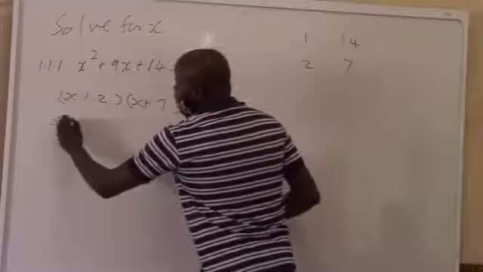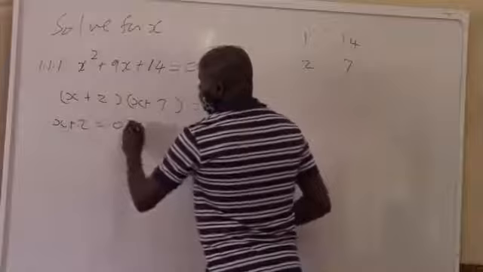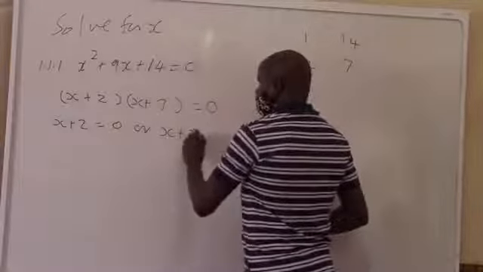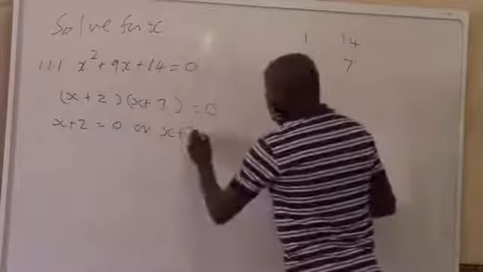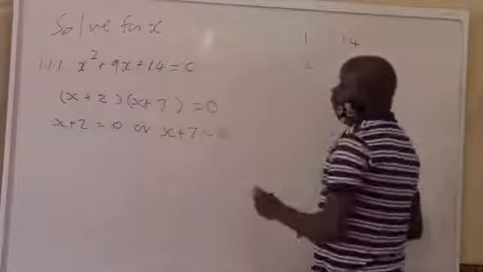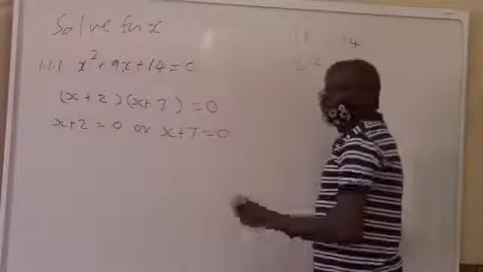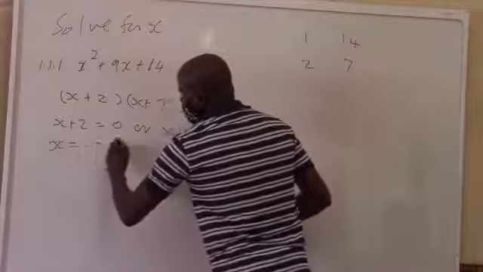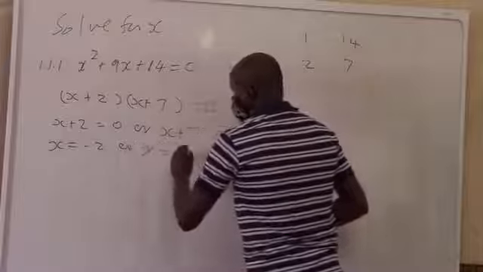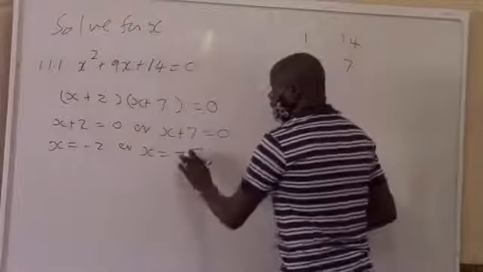Now it is x plus 2 is equal to 0, or x plus 7 is equal to 0. When we transpose, it changes the sign. It will be x is equal to -2 or x is equal to -7.